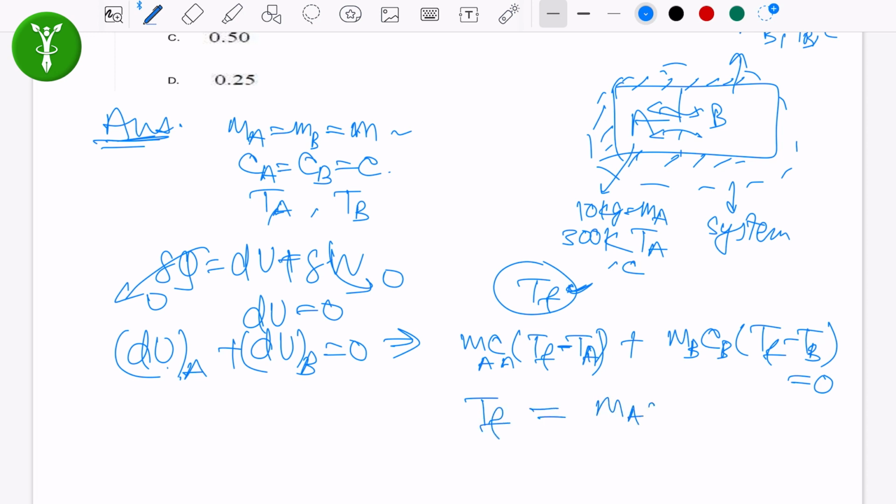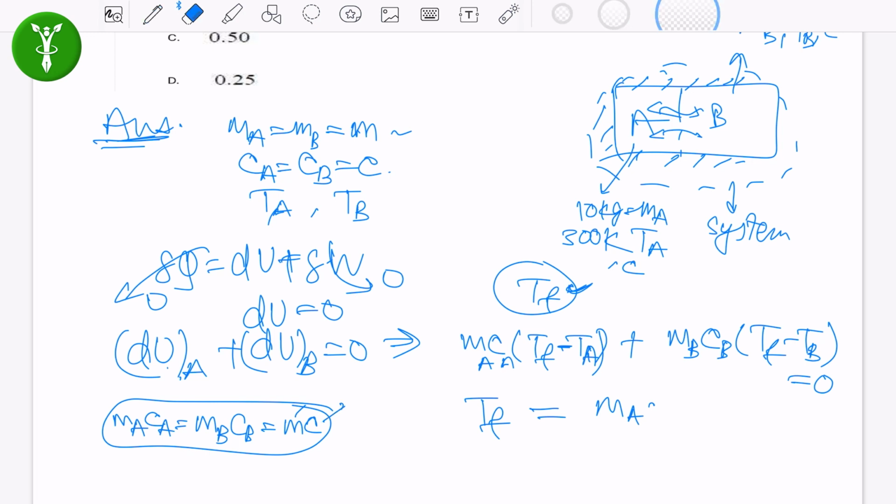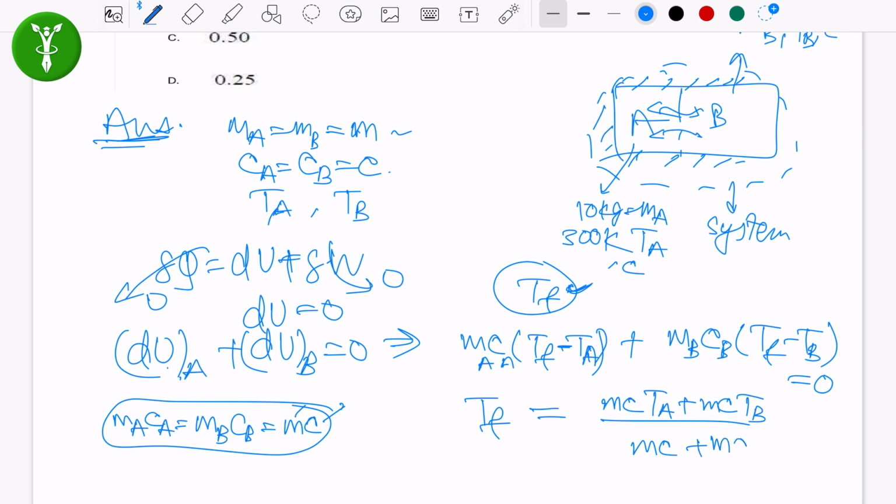MA CA equal to MB CB equal to MC, because the mass of water is given same, and C is also same. So we can write it like this: it will become MC TA plus MC TB divided by MC plus MC.